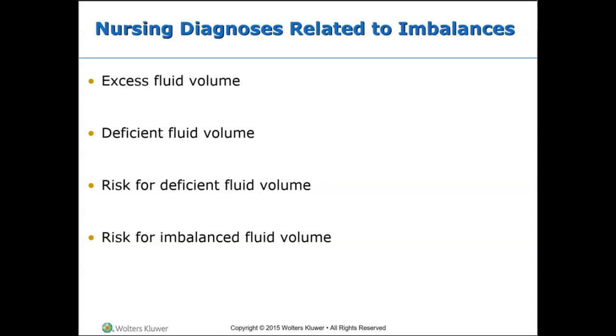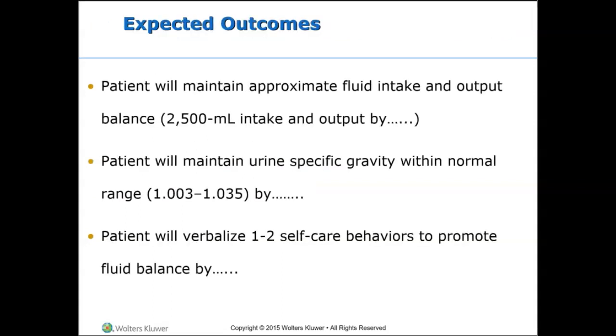Risk for is when you have a potential for these fluid losses or gains. Risk for deficient fluid is associated with risk for vasculature loss or cellular loss or even intracellular dehydration. Take a moment and look up these in your Lippincott Advisor or your book if you're unfamiliar with them, okay?